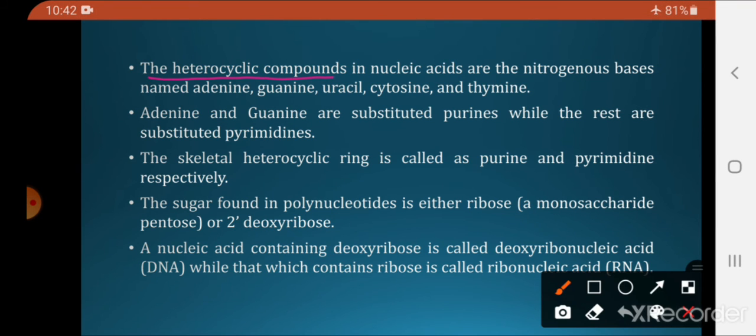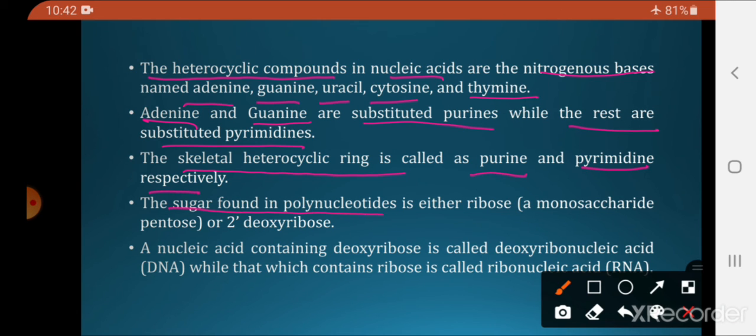The heterocyclic compounds in the nucleic acids are nitrogenous bases named adenine, guanine, uracil, cytosine, thymine. Adenine and guanine are substituted purines, while the rest are pyrimidines. The skeletal heterocyclic rings are called purine and pyrimidine respectively.